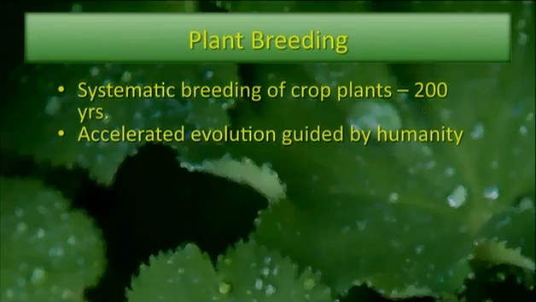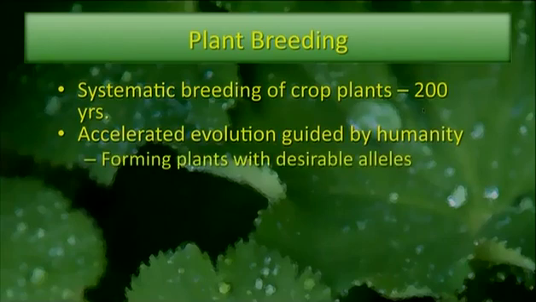What it does is form plants with desirable alleles, or desirable variants of genes. Some of the traits that we want in our crop plants include improved yield, or more crop for the investment that you put into it.